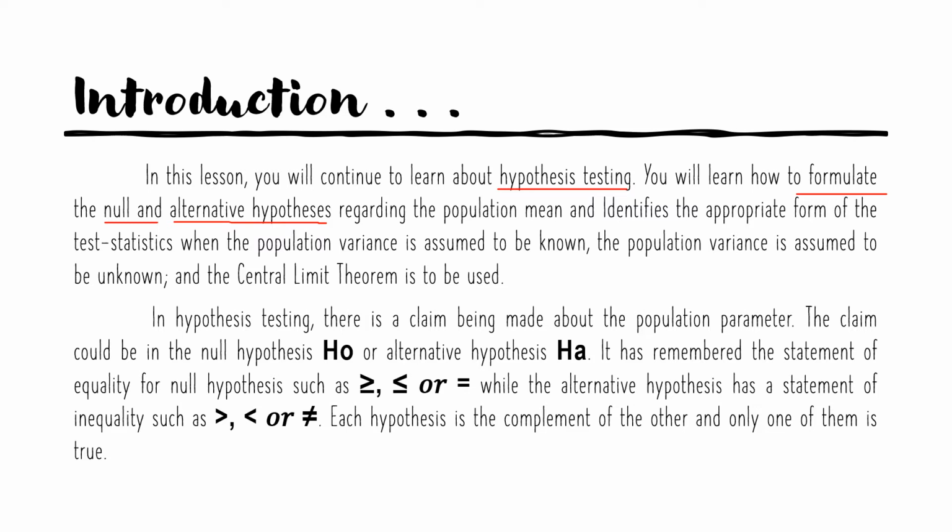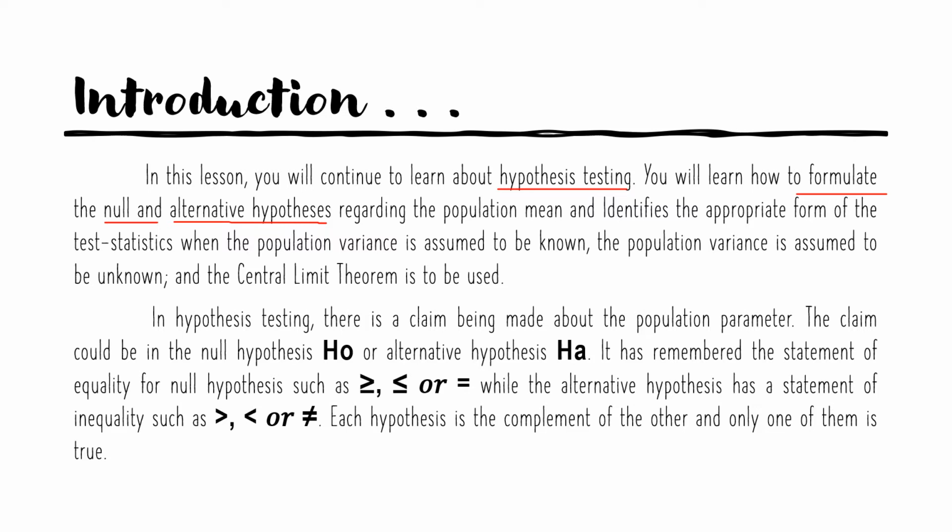So your null will show that there is no significant difference between your two variables involved, and your alternative hypothesis shows that there is an existing difference between your two variables involved.